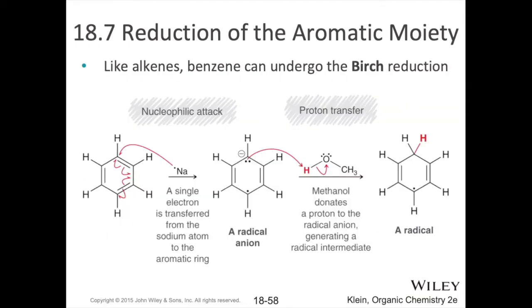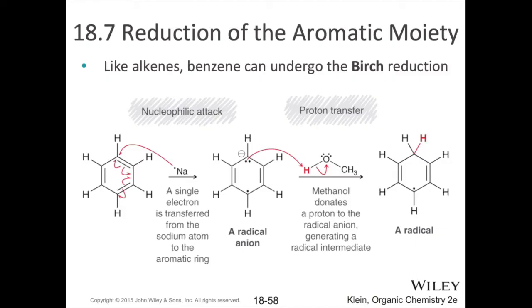There are other ways to do your benzene reduction that don't involve as forceful conditions, specifically the Birch reduction. We're not going to take our benzene all the way to cyclohexane here, but we are going to effectively make it a cyclohexadiene. To do the Birch reduction, you use sodium metal.